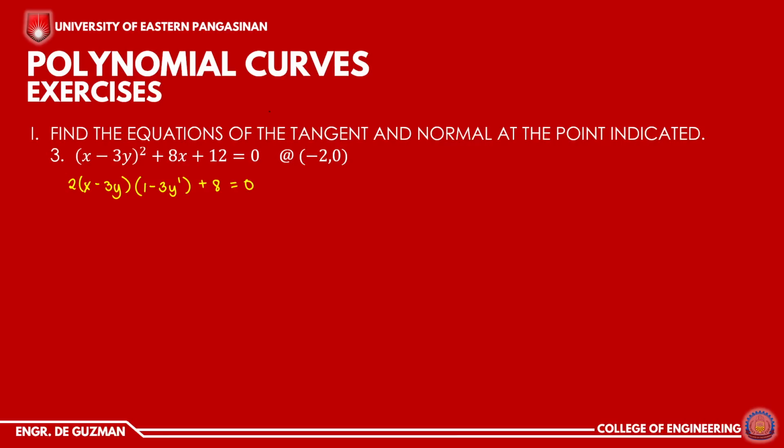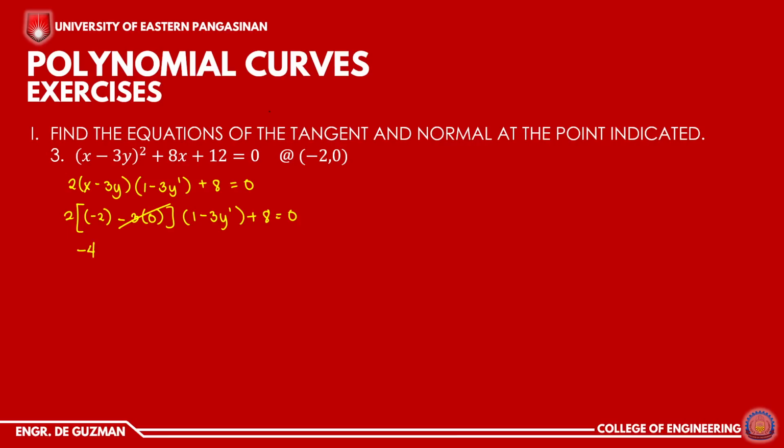So, kung gusto nyong i-simplify, pwede naman. Pero, since meron naman na tayong binigay na x and y, pwede na nating i-direct. So, x natin is negative 2 minus 3 times 0 times 1 minus 3y prime plus 8 equals 0. So, cancel na to since anything na imumultiply sa 0 is 0.